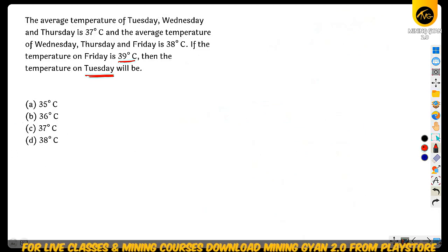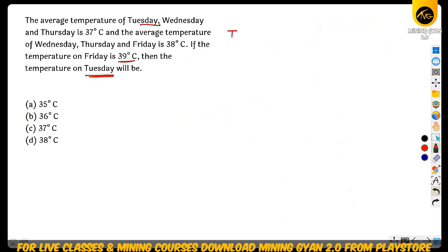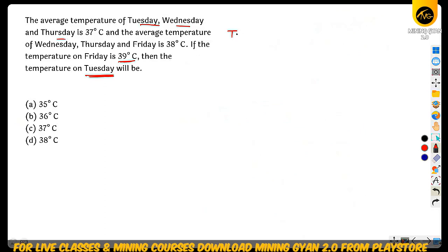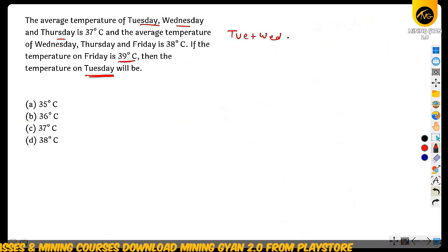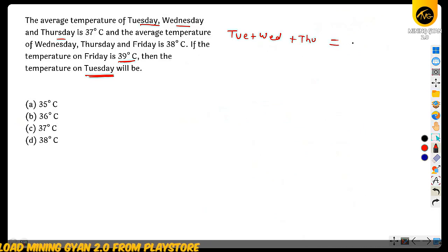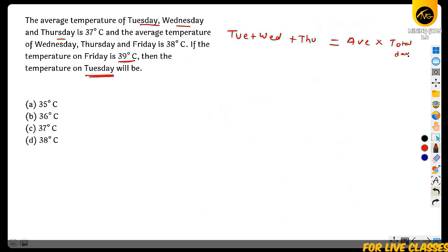Okay. Similarly, we have to do the total number of days, that is Tuesday, Wednesday and Thursday. So there are 3 days, Tuesday plus Wednesday plus Thursday, right? So total is equal to average into total number of days, or total number of elements. Now what is the average of temperature?